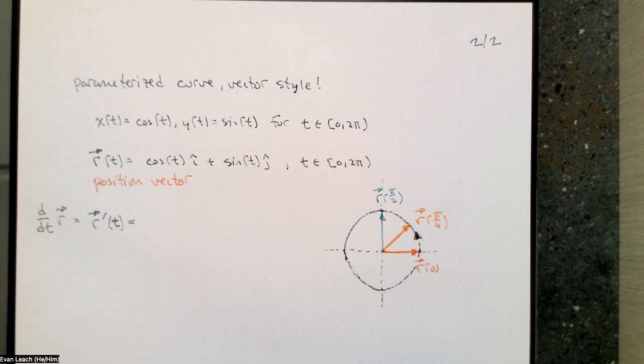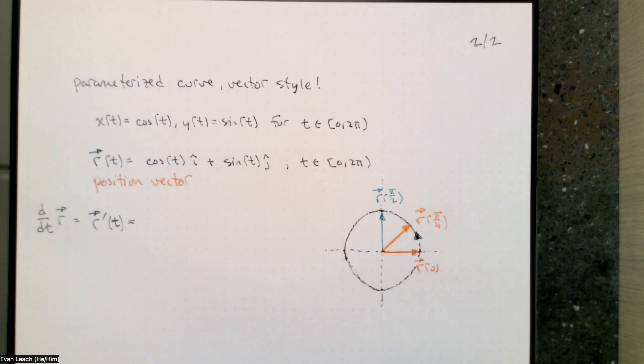Were I a lot meaner of a person and everybody was going to be in class all the time, then I would have handed you a piece of paper with this written on it and say, find r prime of t, and not told you how it works, and make you guess at how it works. One thing you can't be afraid of if you're going into science is you can't be afraid of guessing.